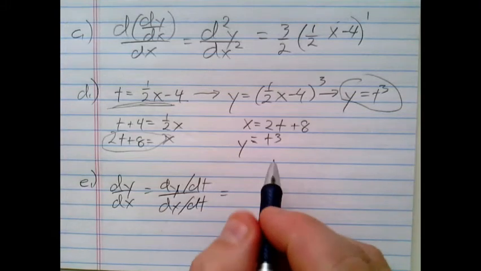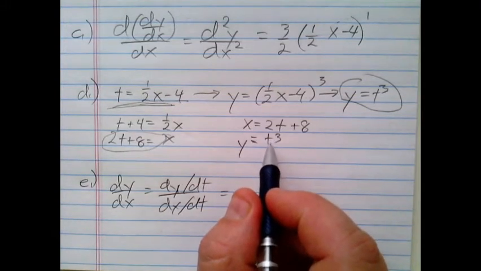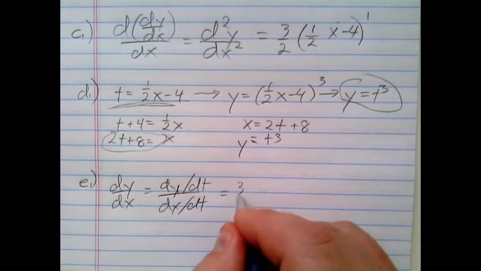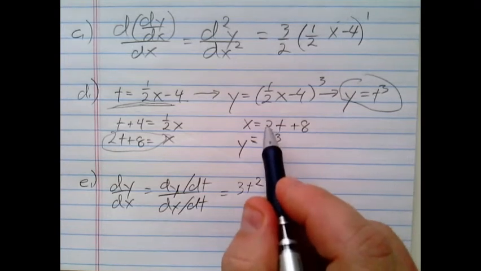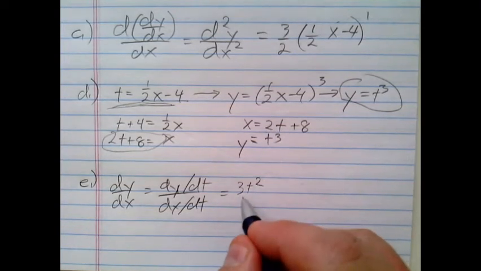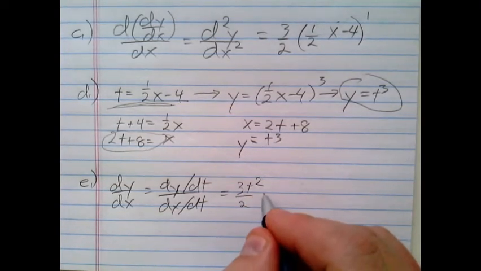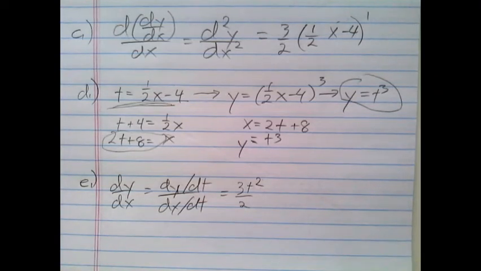Well, let me see. dy/dt would be 3t squared, and dx/dt would be 2. Oh, well, okay. There's dy/dx, as a function of t. But you know what?